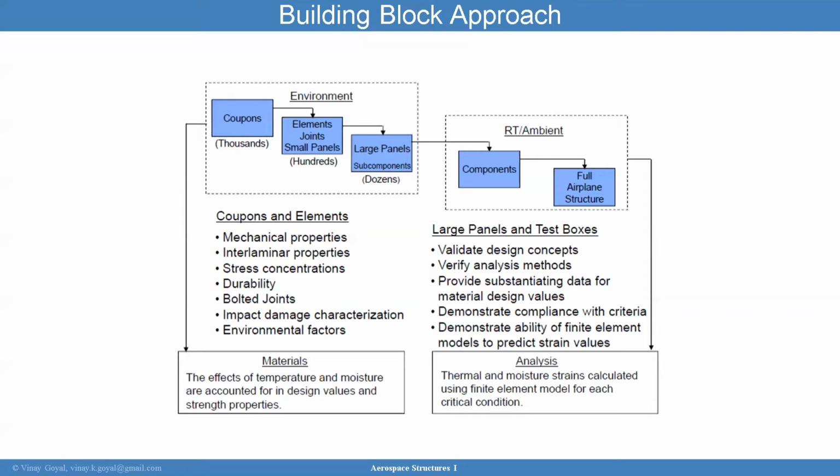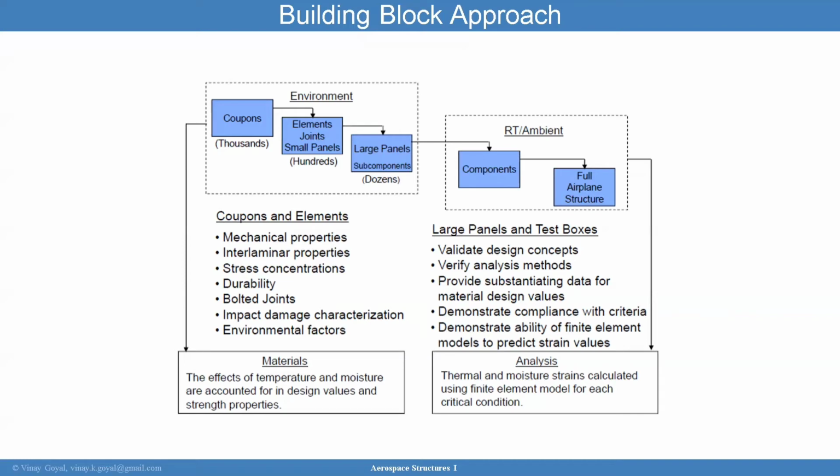And further, the analysis is going to make sure that you're testing every critical failure mode that could be of importance. Thermal and moisture strains should be accounted for in the finite element model for each of the critical conditions of concern.